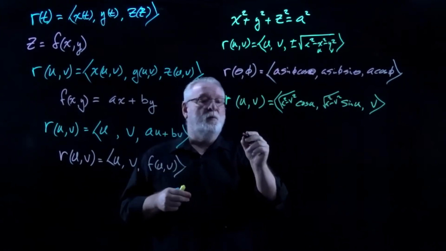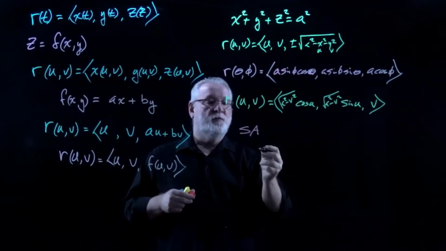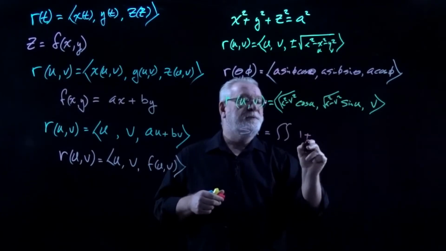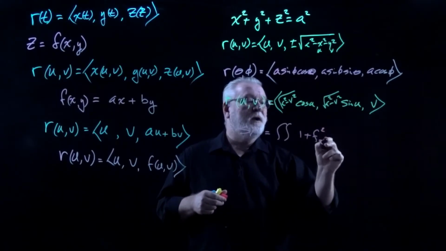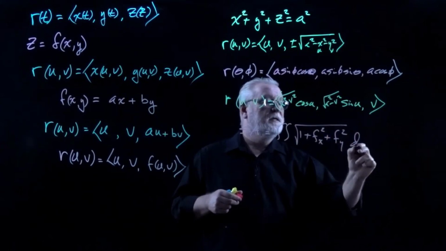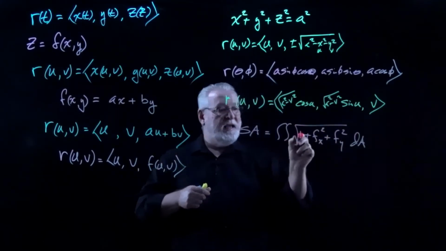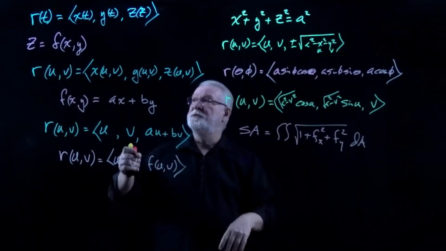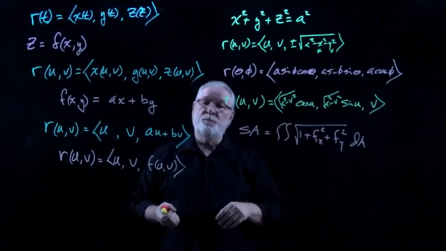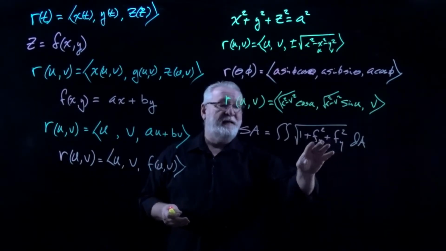Now, before, when we looked for surface area of a regular old function, we took a double integral of the square root of 1 plus fx squared plus fy squared, dA. And this, in essence, is how we found the surface area for a function in this form. We first had to find the two partials, square them, add them to 1.